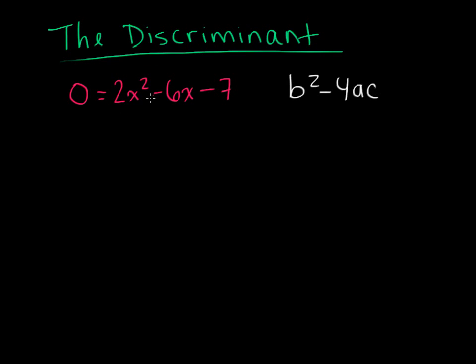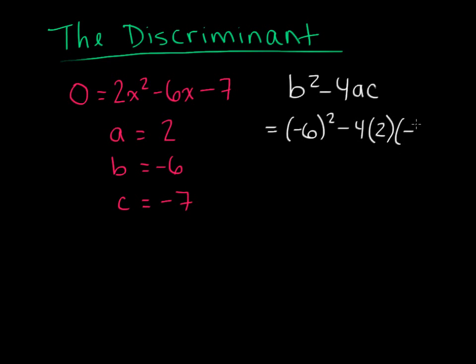Okay, so here we know the values of a, b, and c. Okay, a is equal to 2, b is equal to -6, and c is equal to -7. So we'll substitute that into b squared minus 4ac. So again, -6 squared minus 4 times a, which is 2, times c, which is -7. Okay, and we simplify, we get 36. -4 times 2 is -8 times -7, so we get plus 56, which is equal to 92.